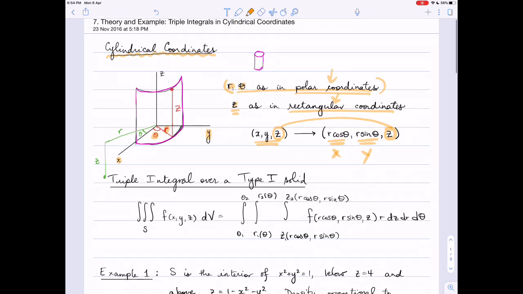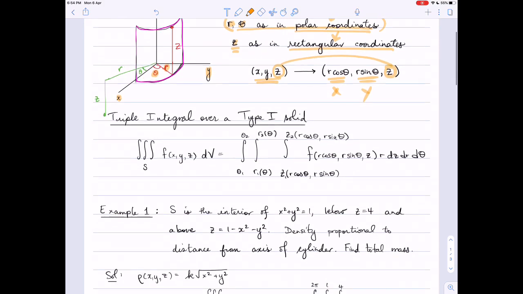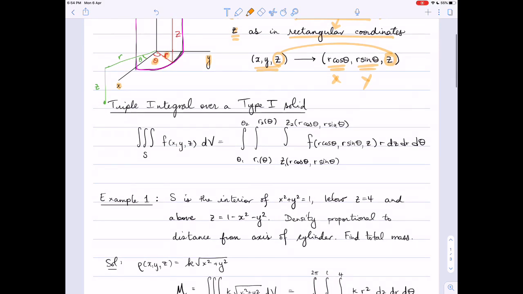That being said, we can integrate over them super simply. We don't need to write this down as a formula, because you could kind of just do it. You always integrate your z coordinate first, dz, and then afterwards it's polar, with the r dr d theta.